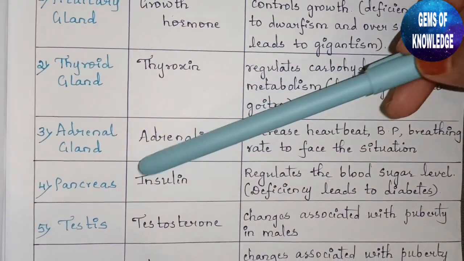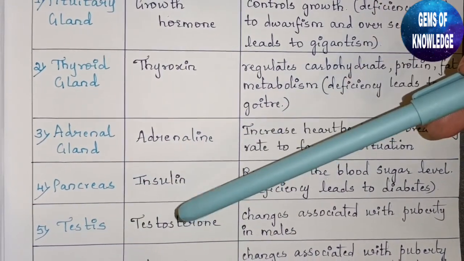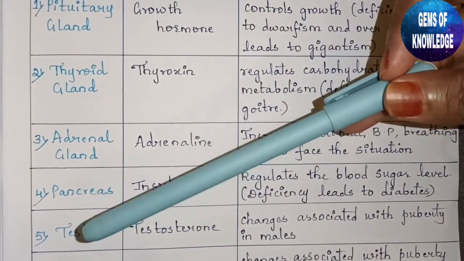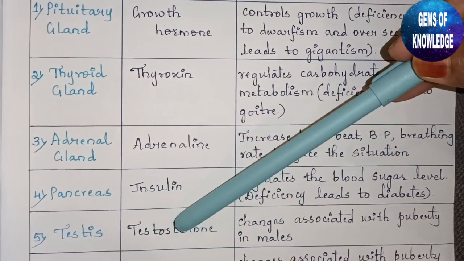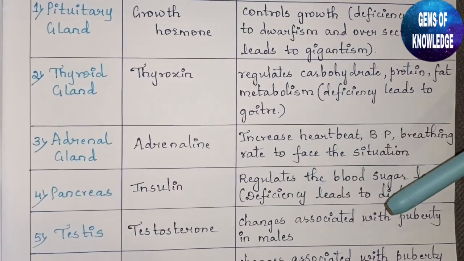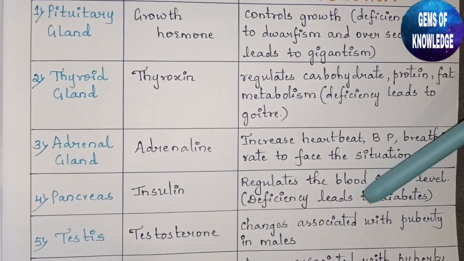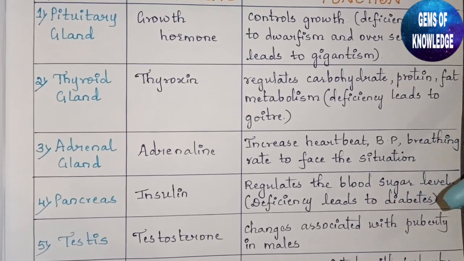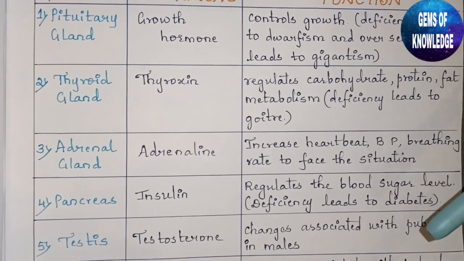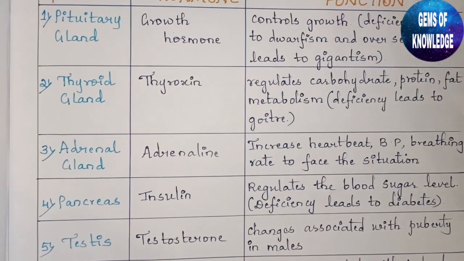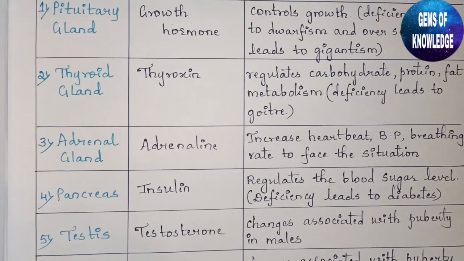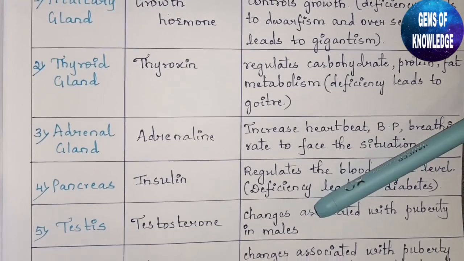The fifth one is the testis. This is the male reproductive part, where the hormone secreted is called testosterone, and it is associated with puberty in males. The changes occurring in young boys are because of this testosterone hormone, which is secreted at a young age. That is in the male.